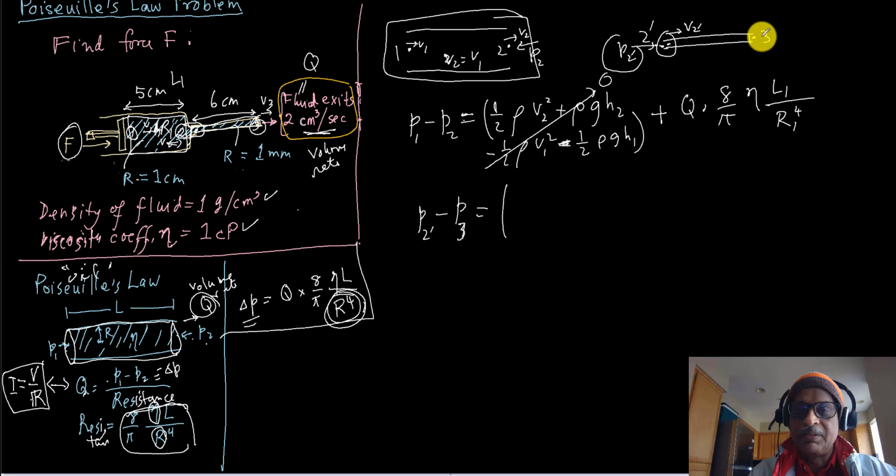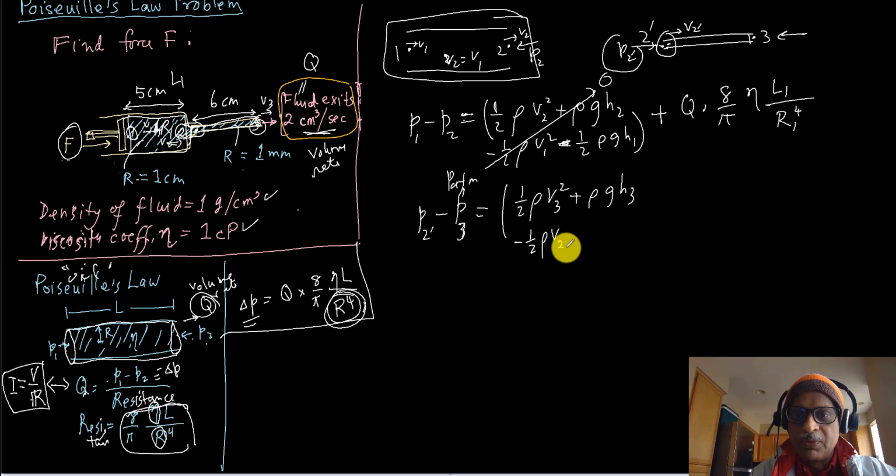This minus that will be, this pressure 3 will be atmospheric pressure, and it's going to be half rho V3 square plus rho g h3 minus half rho V2 prime square, minus rho g h2 prime.